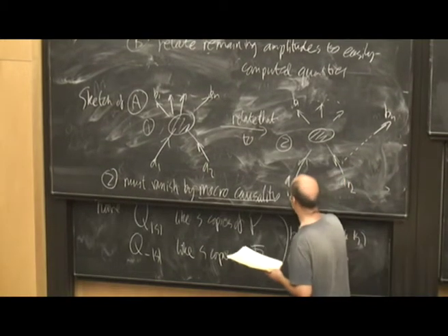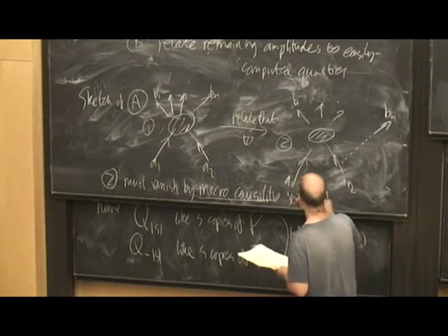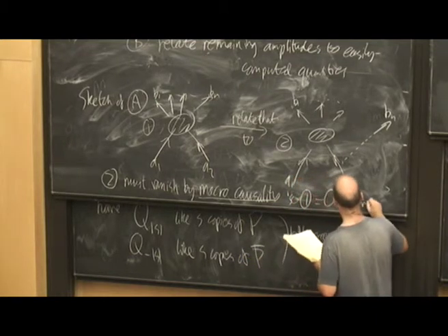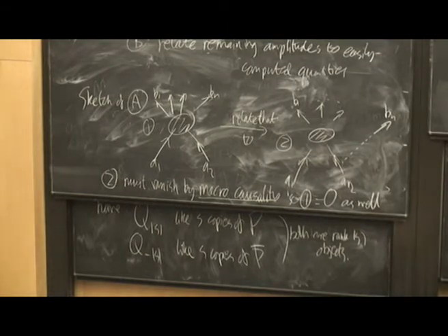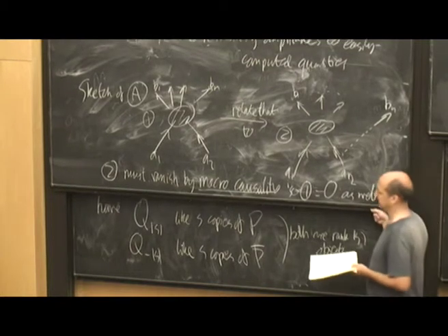Okay, so 1 equals 0 as well. And you can do this trick basically for any amplitude where the set of out momenta is different from the set of in momenta. So that gives us A and B, two initial particles.